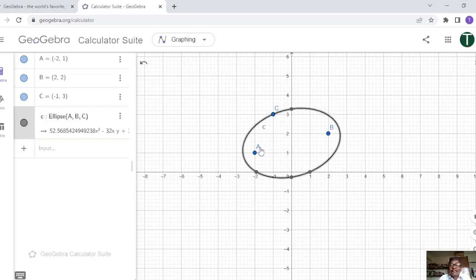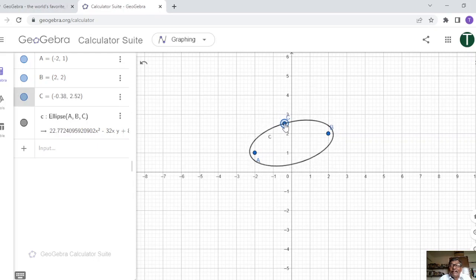Let us check that. Now, suppose I move C. Only thing, the ellipse will be different, but C is not uniquely moving on a particular ellipse.